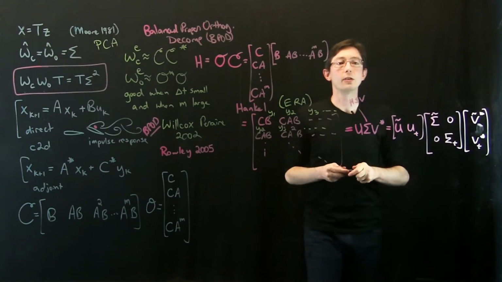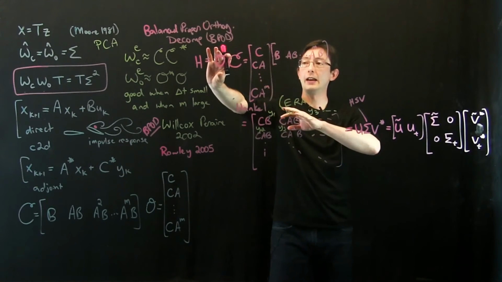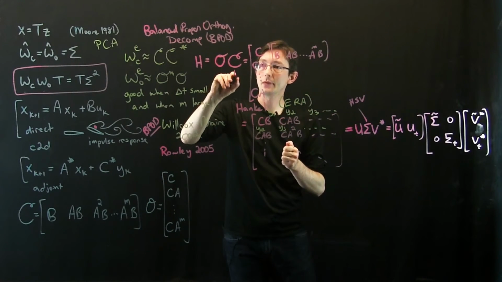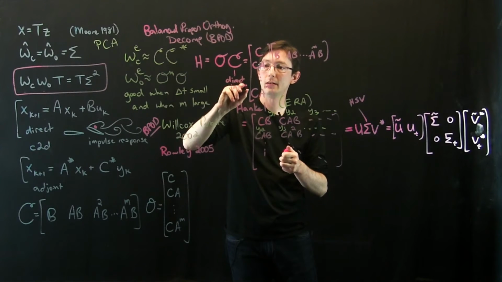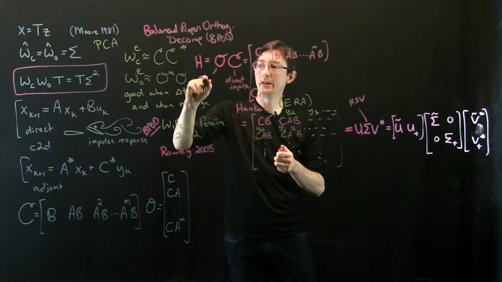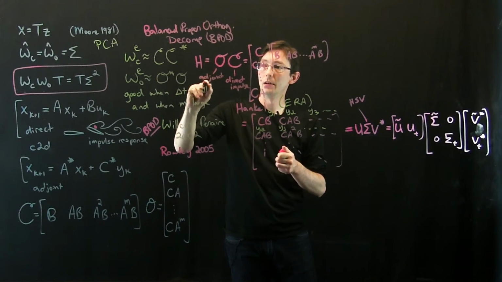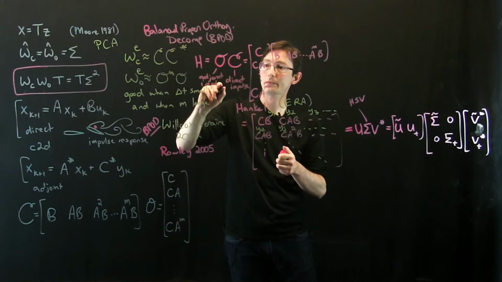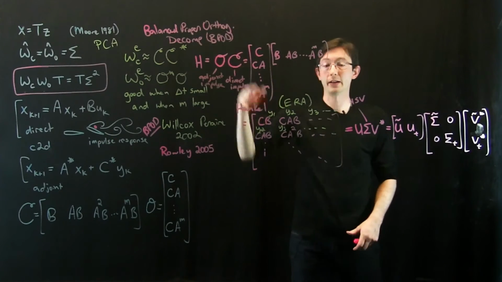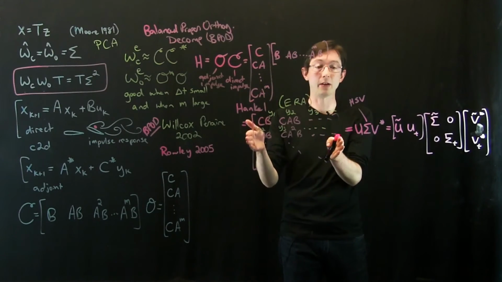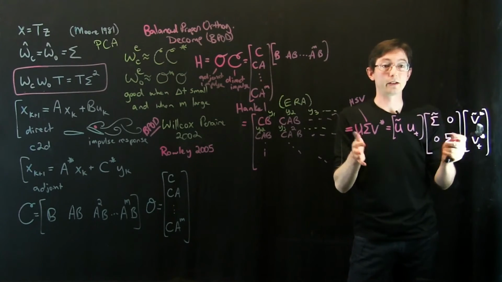Okay? So basically what I do is this is my direct impulse response. This is my adjoint impulse response. I compute these on a computer, my direct and adjoint. I multiply them together to get a Hankel matrix, and I take the singular value decomposition.